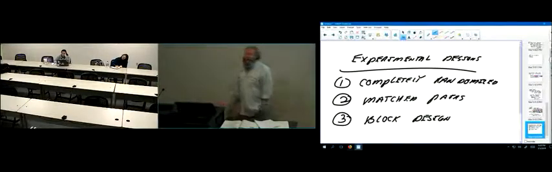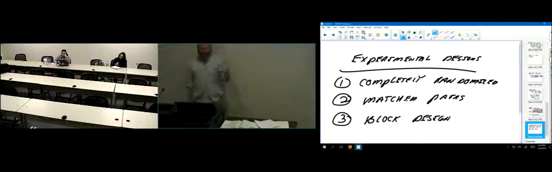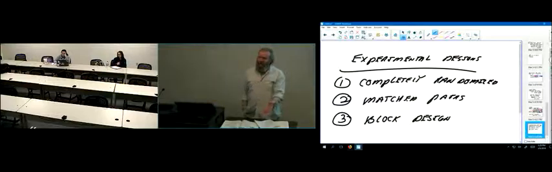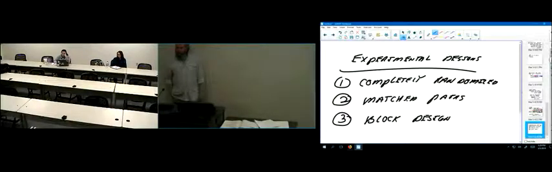Now, I'm very hesitant to write on there what sampling designs match up with these. See, when I think of completely randomized design for an experiment, I think about a simple random sample for sampling. When I think about a block design for an experimental design, I think about stratified random sample for sampling, right?